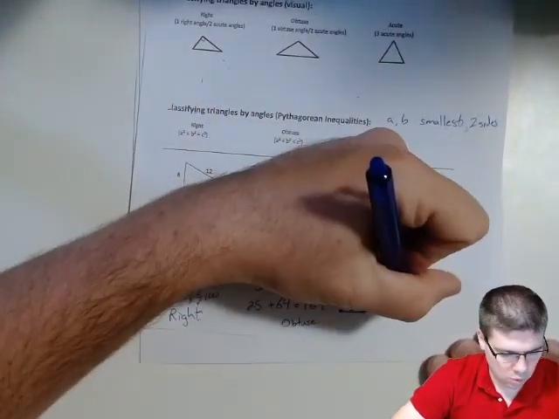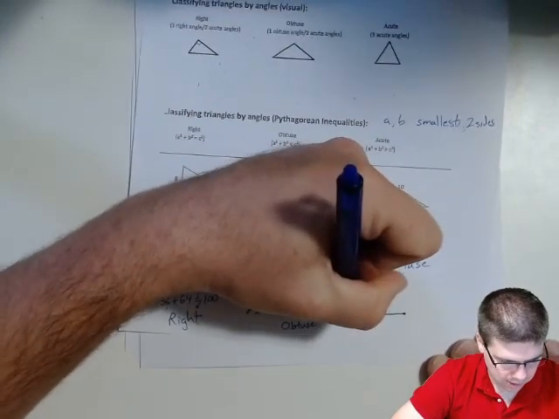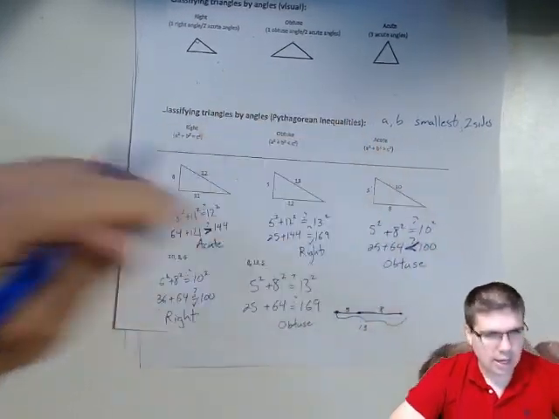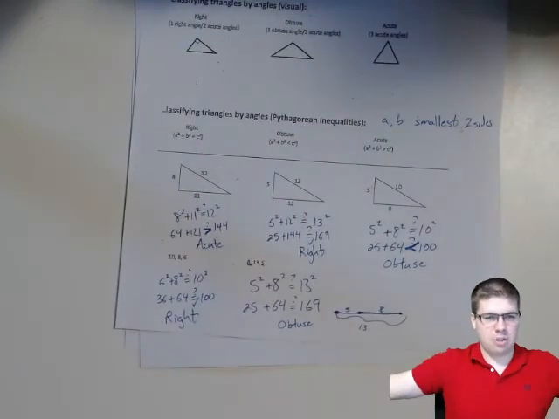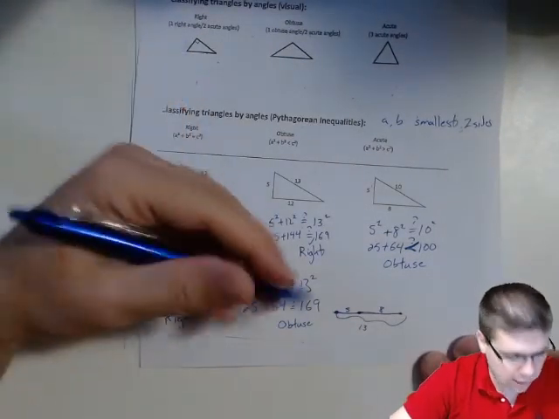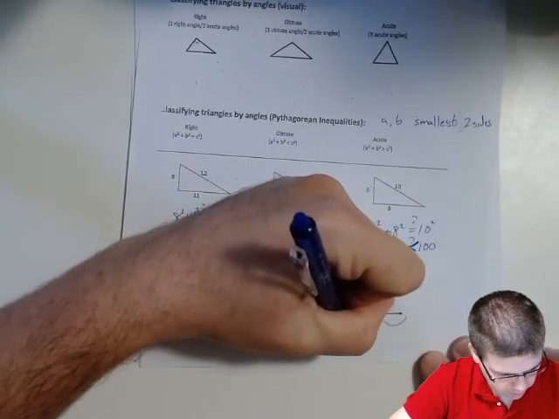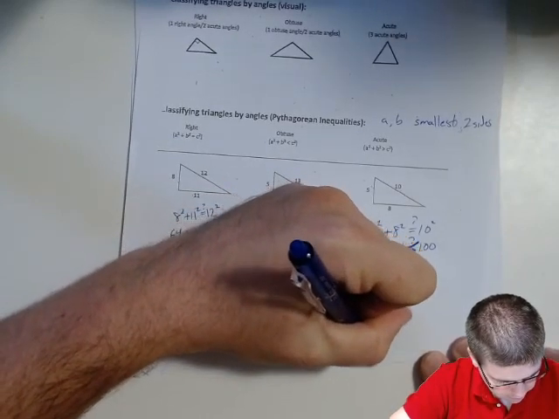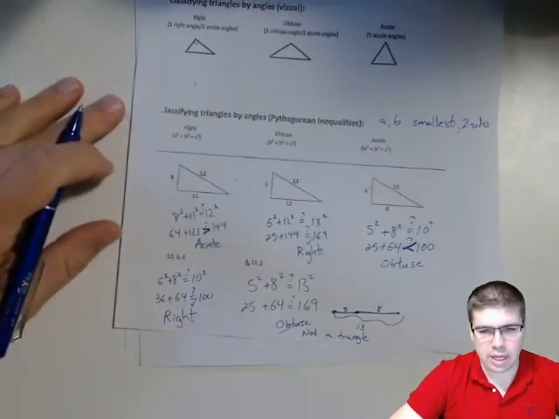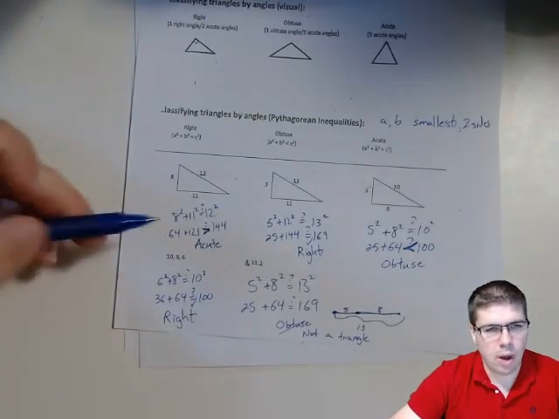That full length is 13, and that's the only way it can stretch out to be long enough. So in fact, this is not even a triangle. It's not possible. There's a rule we'll check out in the next video about that.